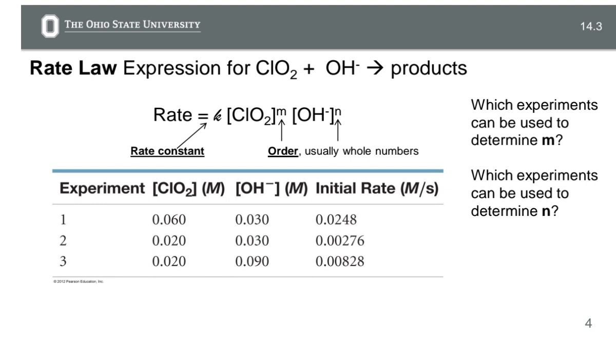So to determine M, the order with respect to ClO2, we're going to use experiments 2 and 3. To determine N, the order with respect to OH minus, we're going to use experiments 1 and 2, because there, the hydroxide concentration, oh, I did it backwards, sorry.